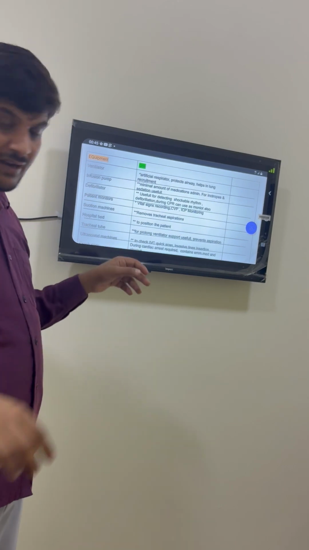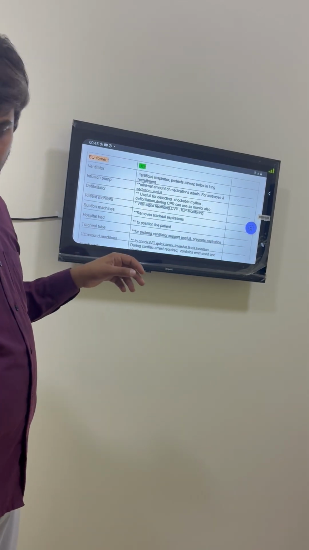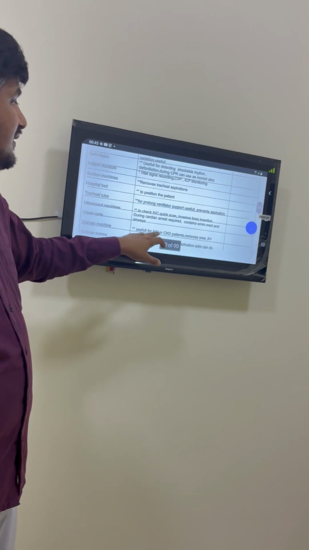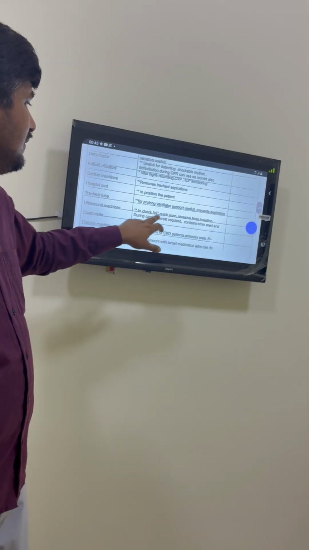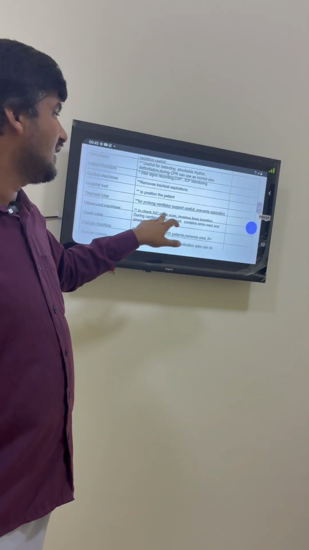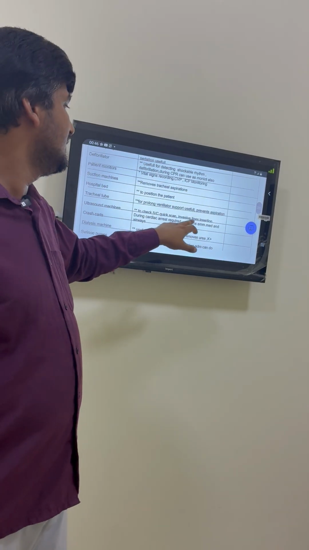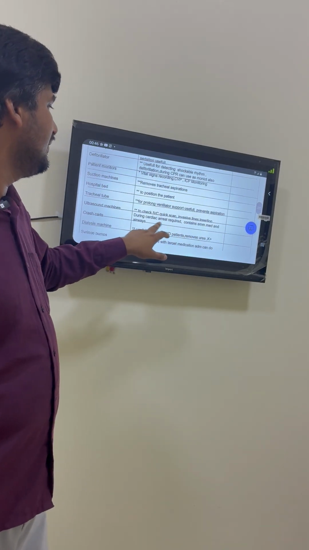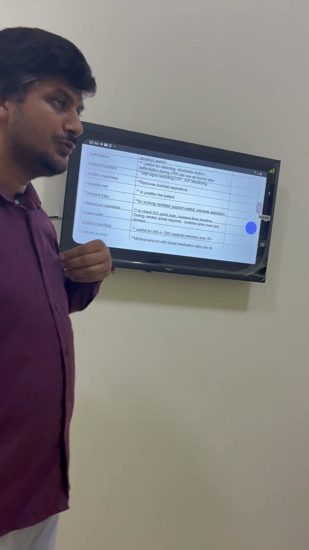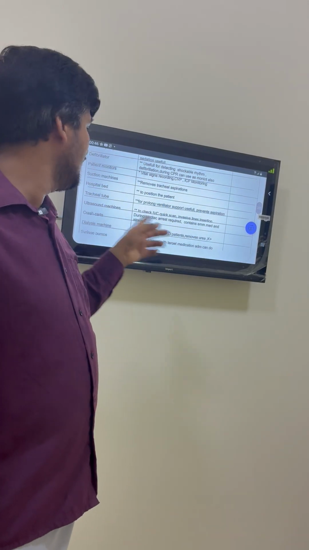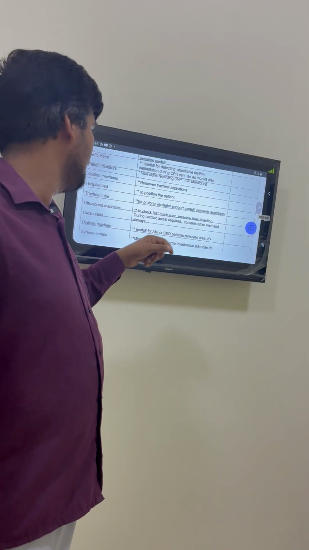Then ultrasound machines are used to check the IVC, for a quick abdomen scan, during central line and invasive line insertion, and during cardiac arrest to confirm the patient's pulse.